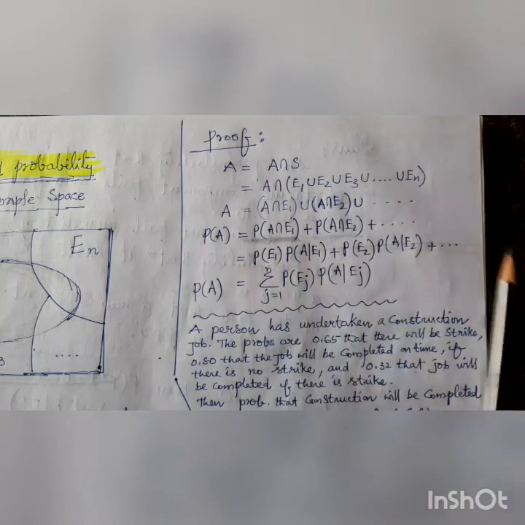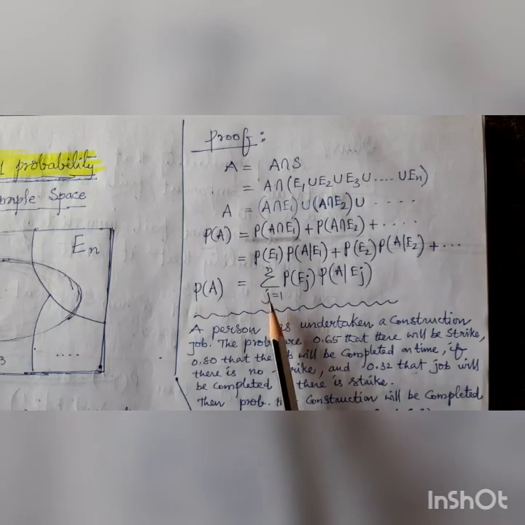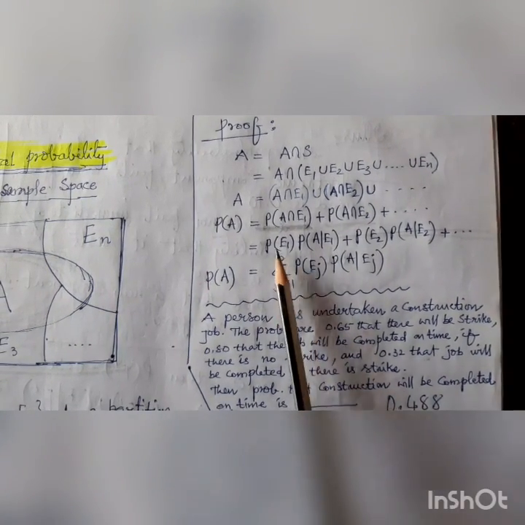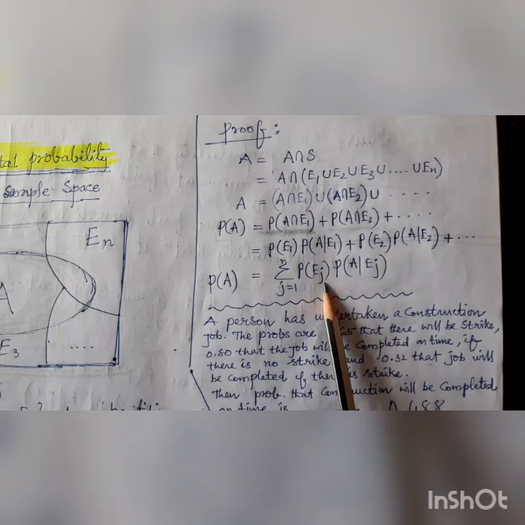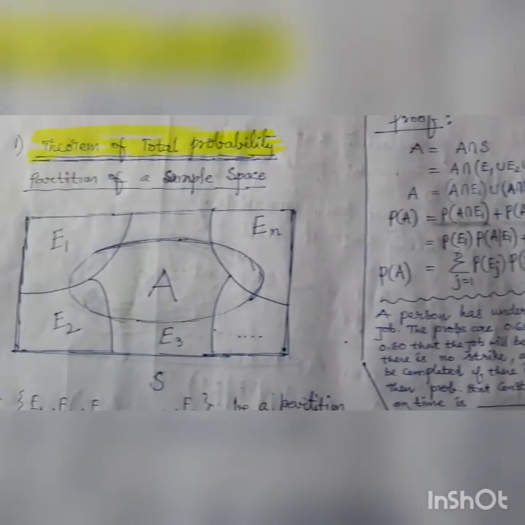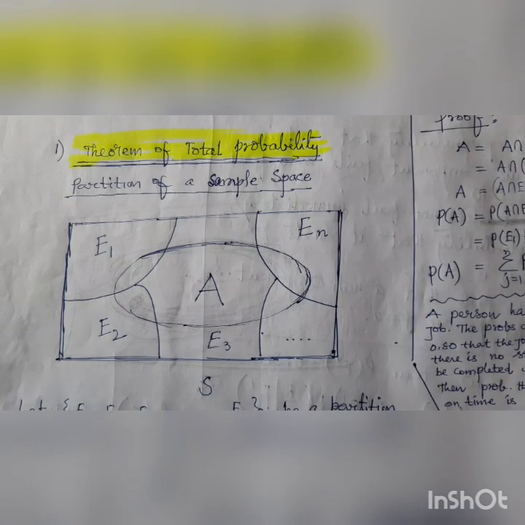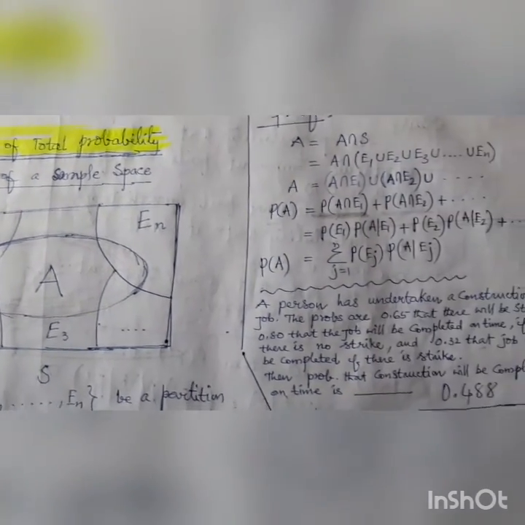This is called P of A. P of A equals, with sigma notation, sigma from j equals 1 to n, P of Ej into P of A on Ej. This is the theorem of total probability. By this you can understand, and the proof also you learned.